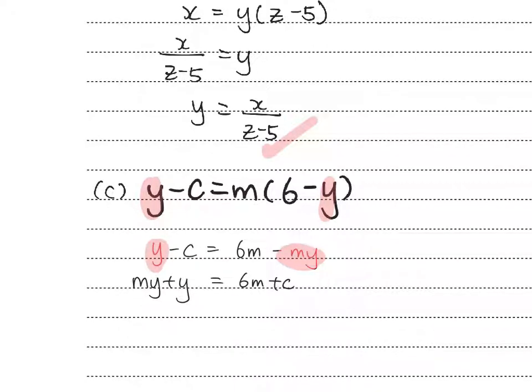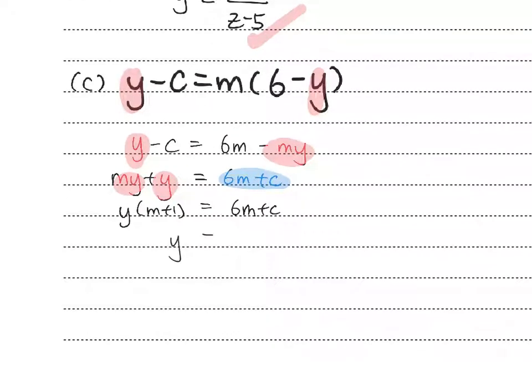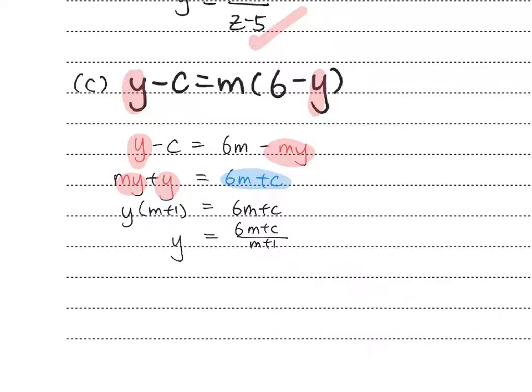By rearranging the terms, all the terms with y are on the left hand side, non-y are on the right hand side. So factorize the left hand side. We will have y times (m plus 1) equals 6m plus c. Then move the m plus 1 to the right hand side. So y is equal to (6m plus c) over (m plus 1). That's for question 1c.